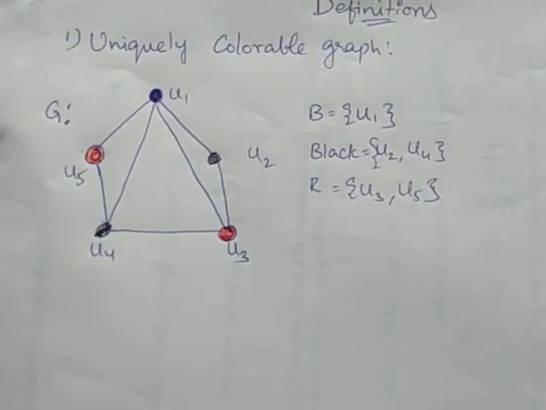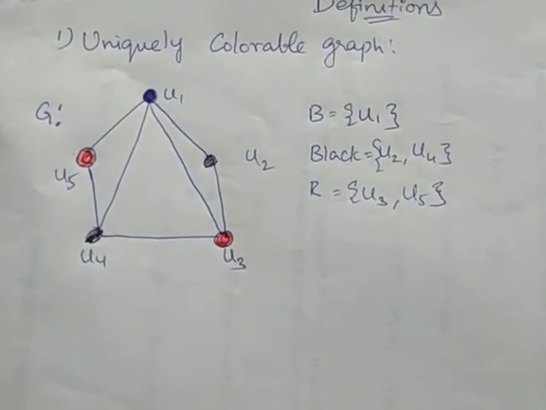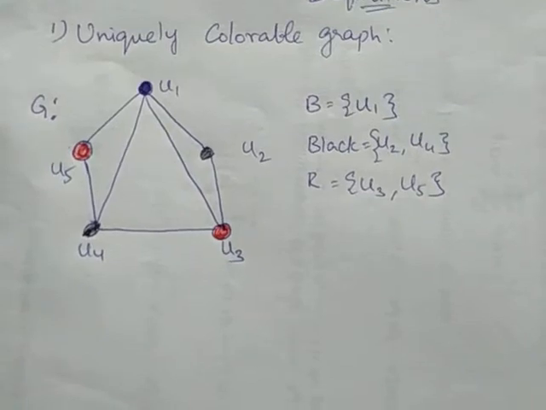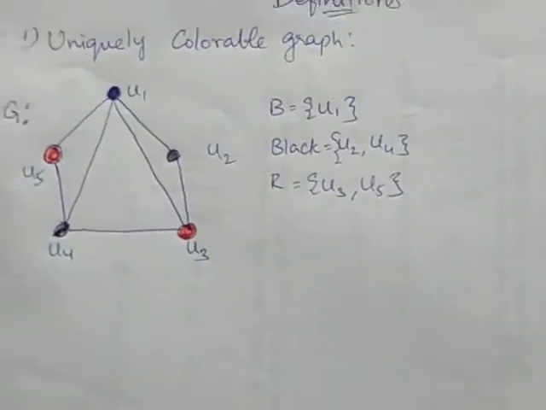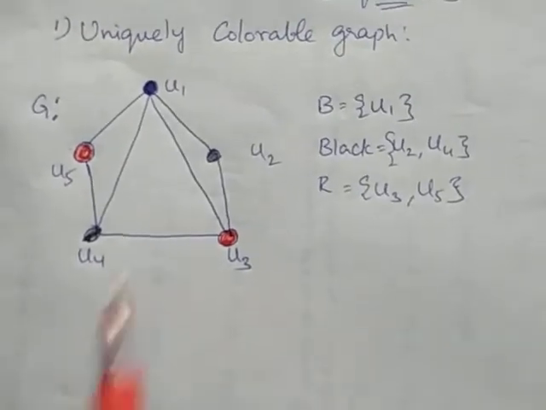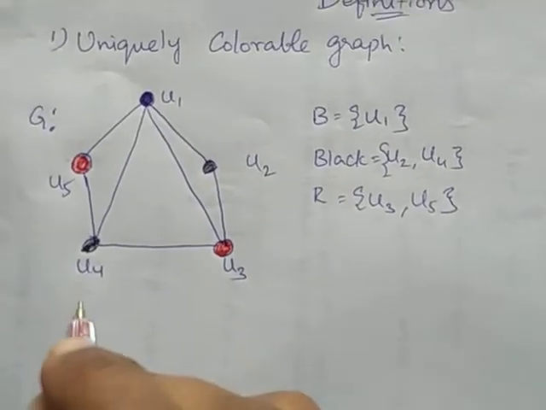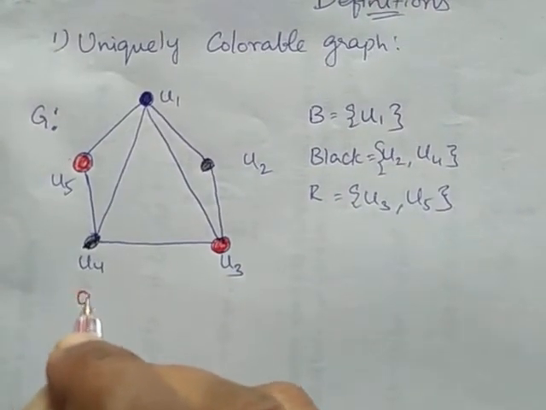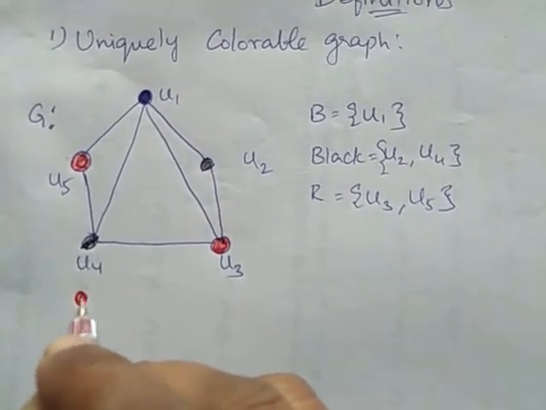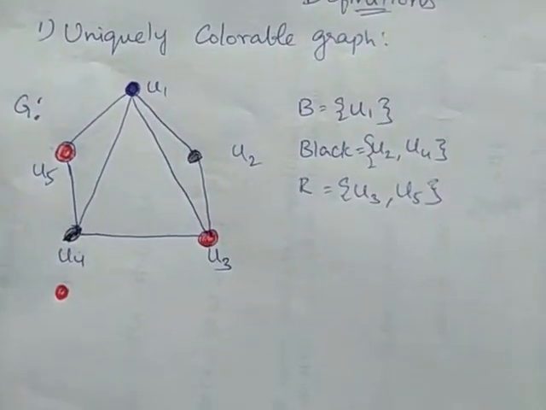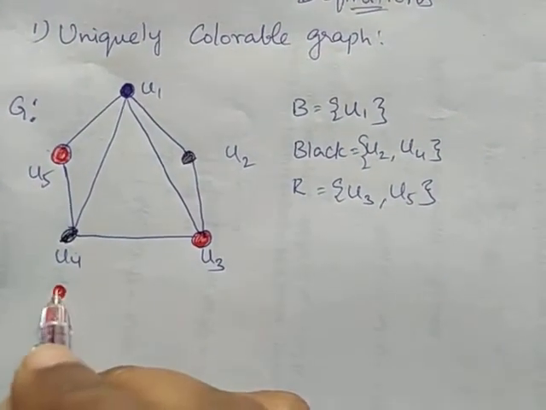Now, for the same graph, if I choose some other colors. For example, now I'll start with U4. I'll take U4 as red. I'm not writing the graph again; here itself I'm coloring it.